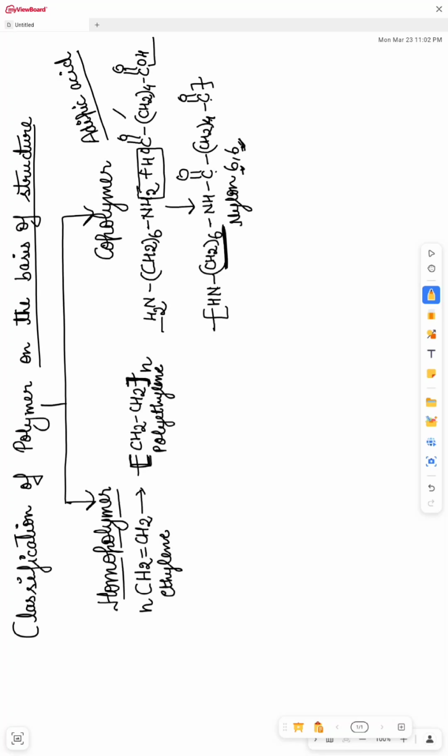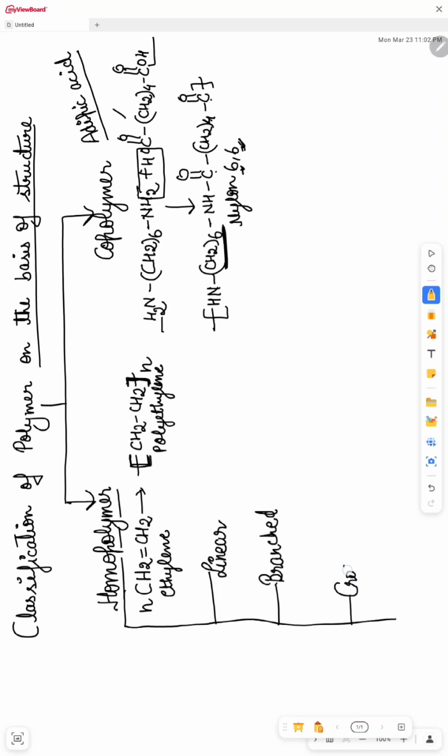See, again it is classified into three parts. Homopolymers are divided into three parts: one is linear, another is branched, and the other one is cross-linked. So what is linear? This is the homopolymer.